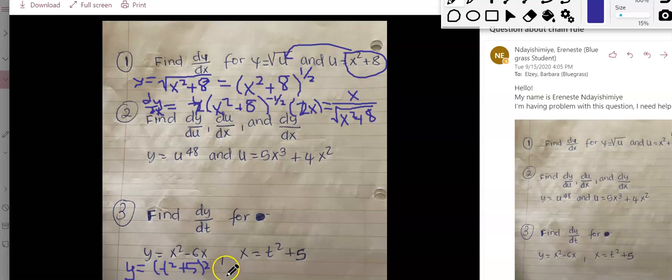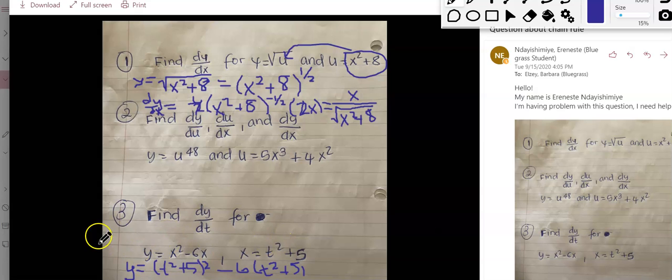and then negative 6 times t squared plus 5. We could multiply all that out, but instead, let's just use the chain rule on it.